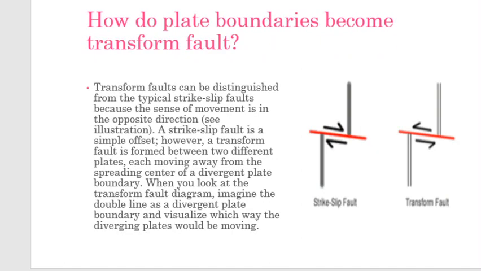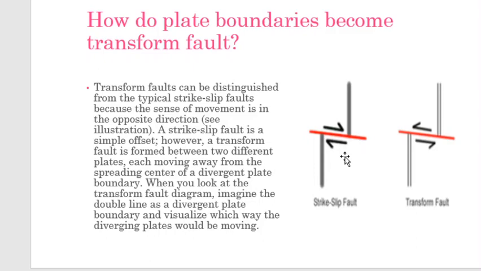So we have here, how do plate boundaries become transform faults? In this image, a transform fault can be distinguished from typical strike slip faults because the sense of movement is in the opposite direction. A strike slip fault is a simple offset.